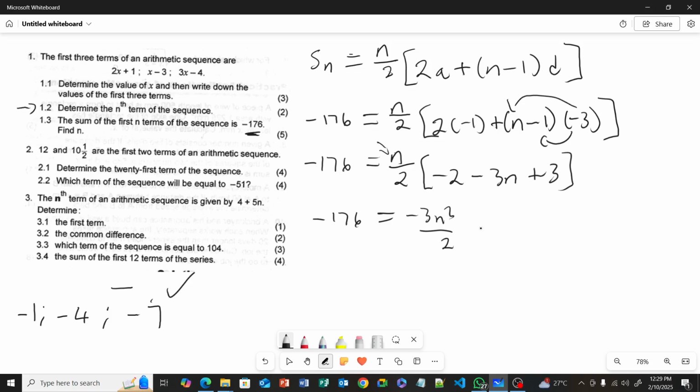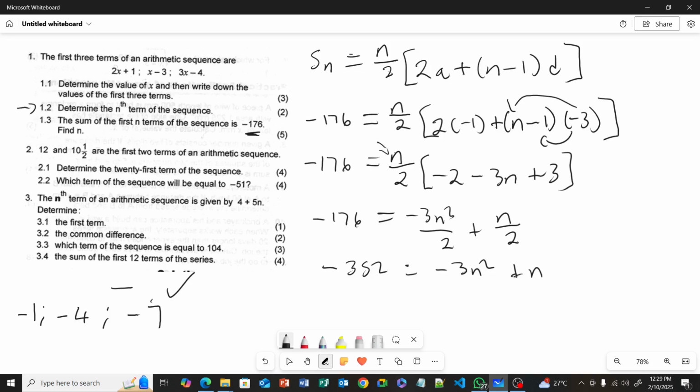Well, that one will be 1, so it's itself, plus n over 2. Now that is when I said you must eliminate the fraction. You multiply by 2. As I multiply by 2, can you see n squared is negative? I'm going to move everything else to the left hand side. So now it's going to be negative 352 equals minus 3n squared plus n.